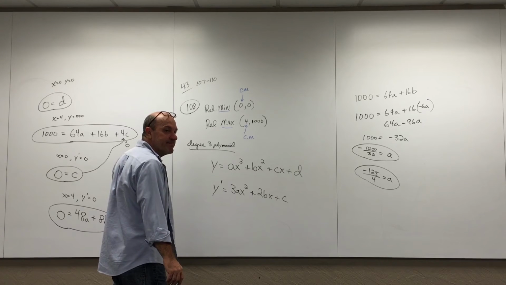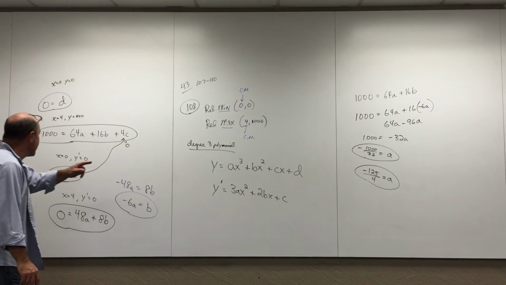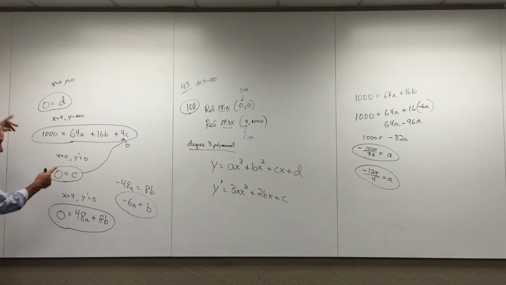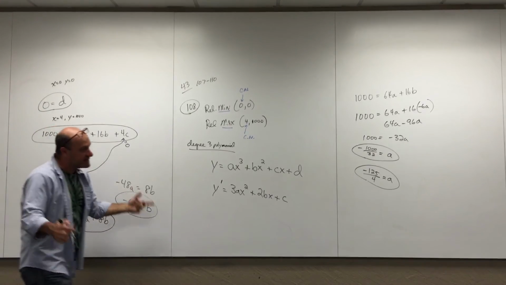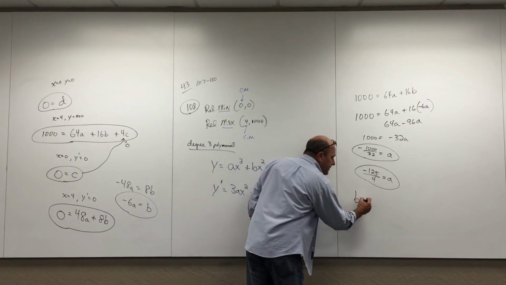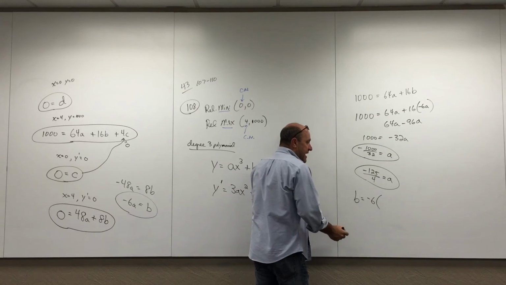Cool. You guys okay? I found A. I already know D. I already know C. Where's B? Oh, there's B. B is negative 6 times A.